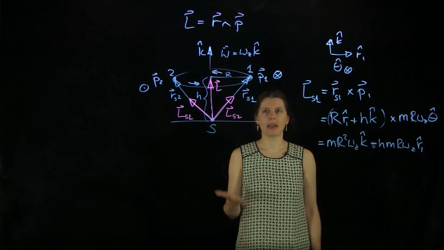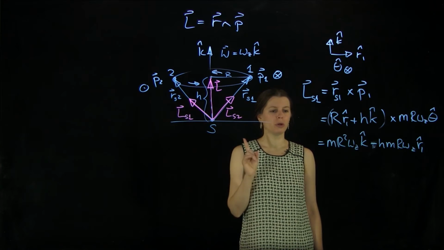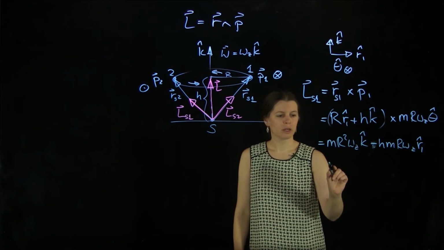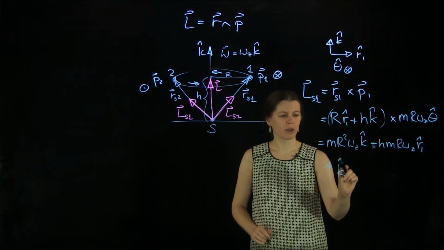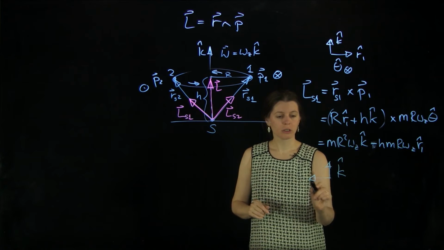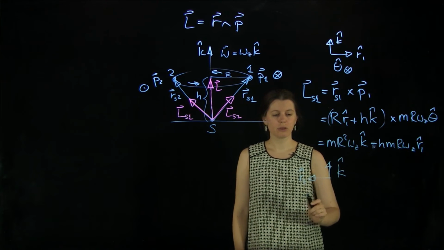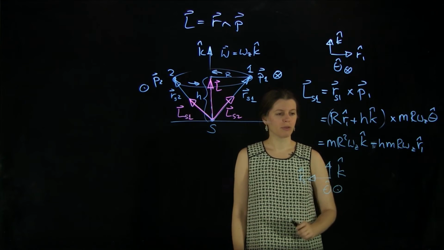Now we're going to do the same in an analogous way for particle number 2. Again, we need to look at the coordinate system, that's very crucial here. So k hat still goes up, r hat now goes in the other direction, and accordingly theta hat comes out of the board.